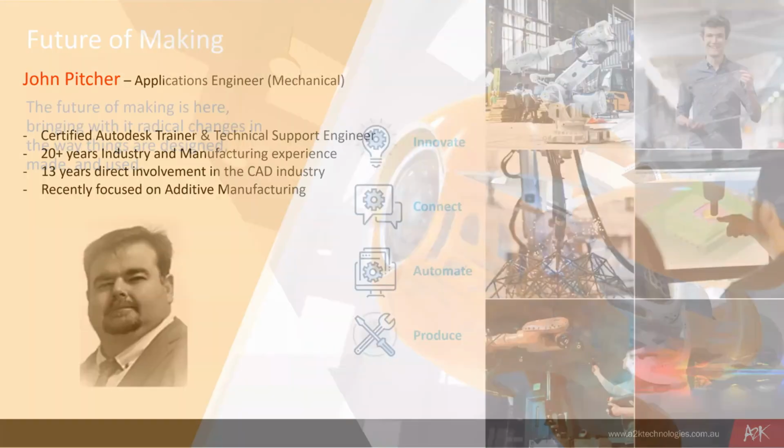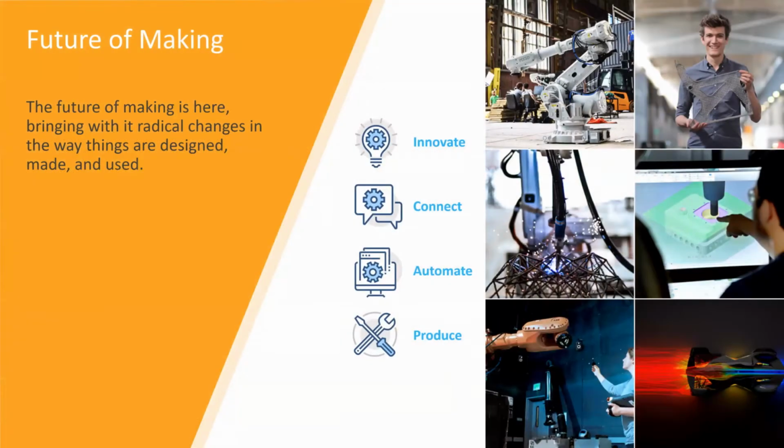The concept of what we want to discuss today is all around this principle of the future of making things. Autodesk have been talking about this for a number of years, and it's certainly not a new message, but it's a message that we think is very relevant to today's manufacturing, and a valuable and important part of moving forward with engineering in many different disciplines, whether it be mechanical, electrical, civil, architectural, whatever space you're working in.